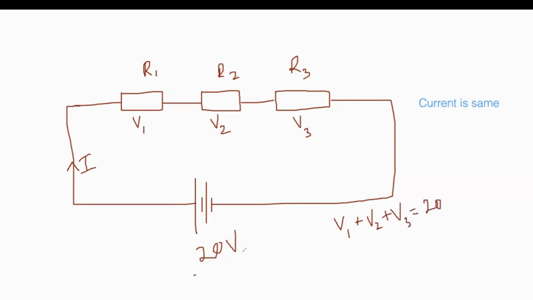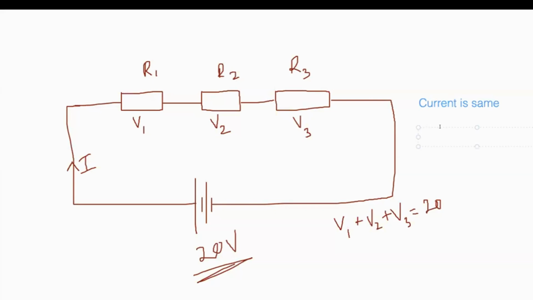The component which is providing the voltage, that is the battery's voltage, is going to be divided among R1, R2, and R3. When you add them, you are going to get the total voltage of the battery. So this is what happens in series connection.